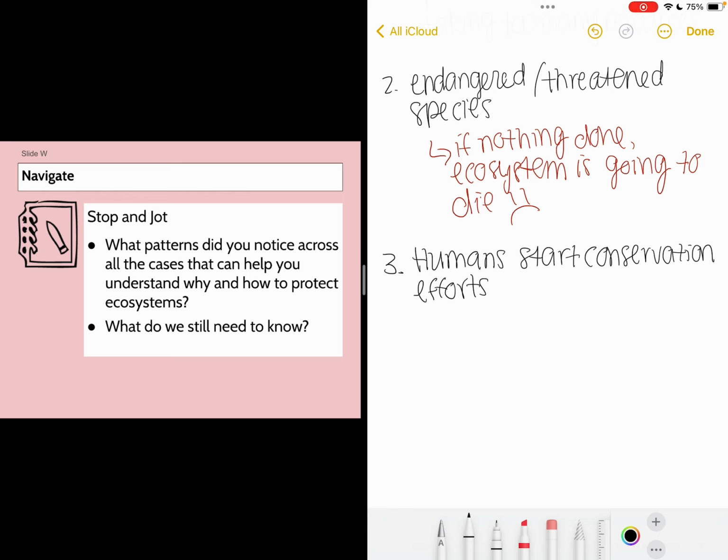Now, if you're thinking back to your own conservation profile and you did not get the story that I just told you about your conservation profile, about what humans did to start, the impact on the environment, and then their conservation efforts, go back and read through your profile. I cannot say that enough.